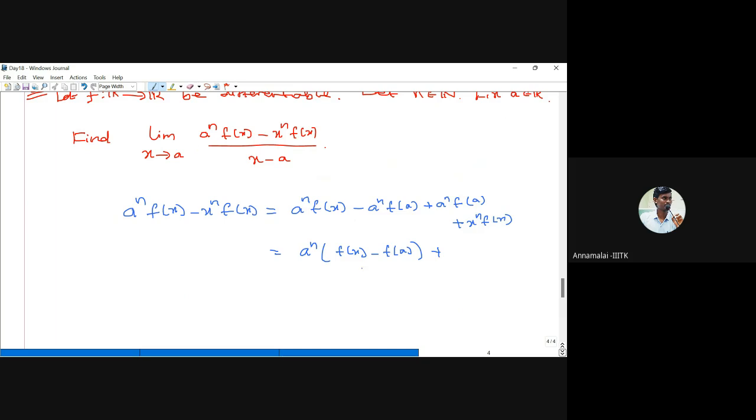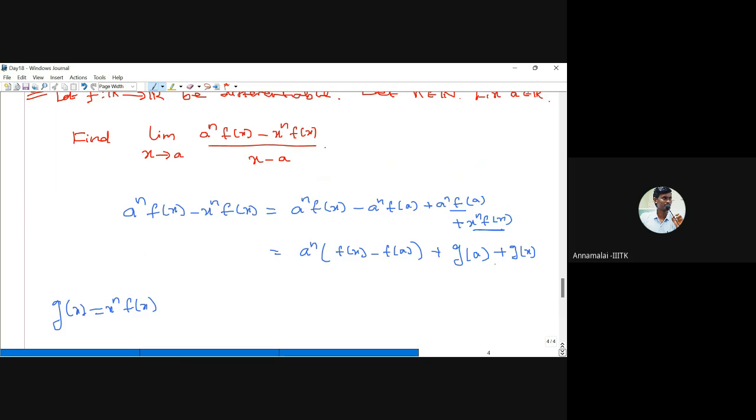So now we take a new function g, where g(x) is x^n into f(x). Now this is nothing but g(a), plus this is nothing but g(x). Got it or not? Because I call this function g(x), this is nothing but g(a).